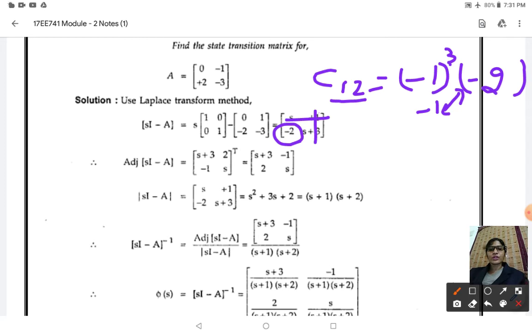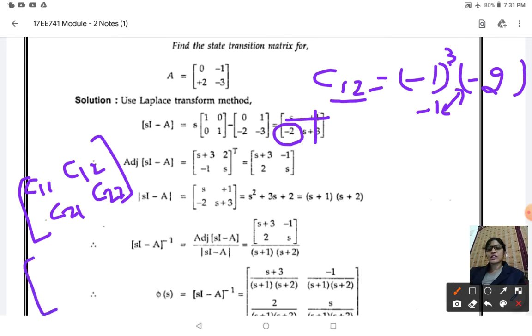So you are going to write the cofactor matrix 2 over here. It is C12 as the transpose is taken. Suppose when you write a cofactor matrix, it will be C11, C12, C21, C22. So when you take the cofactor matrix transpose, you will be writing it as C11, and here you have to write C12, C21, C22.